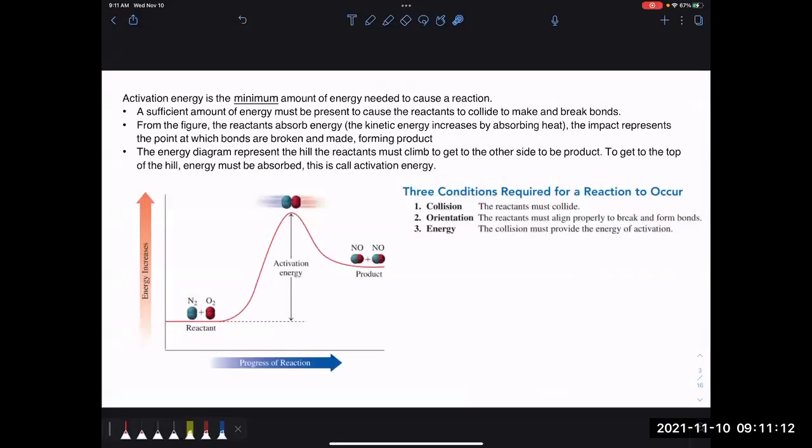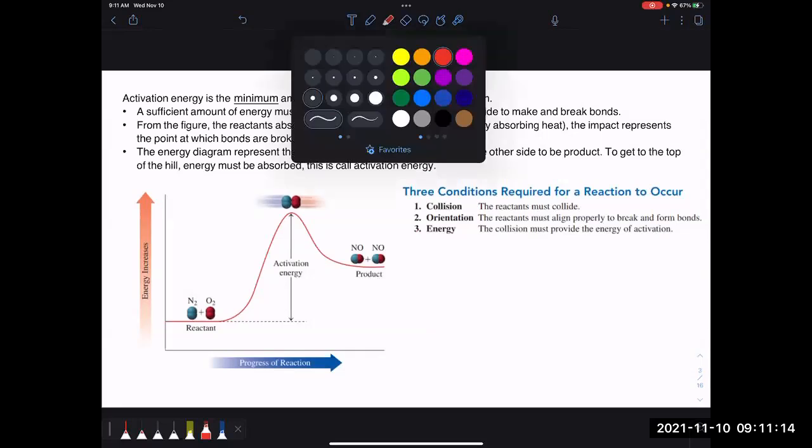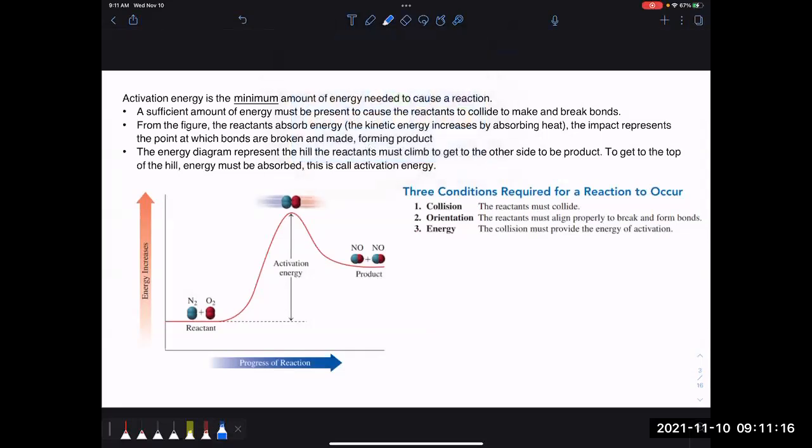So that energy that's required to react is the activation energy. That's the minimum amount of energy needed to cause a reaction. If we don't have that minimum amount of energy, then we can't make and break bonds. So we have to break the bonds of the original atoms first, and then have enough energy from that to make the new bonds of our product.